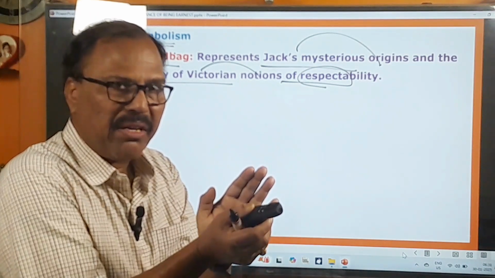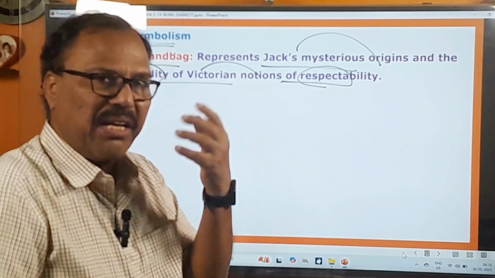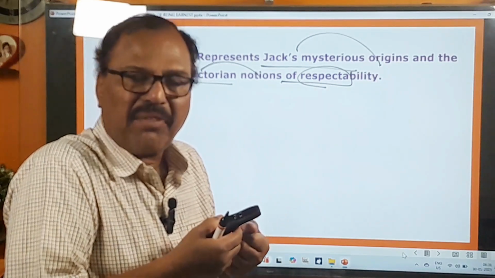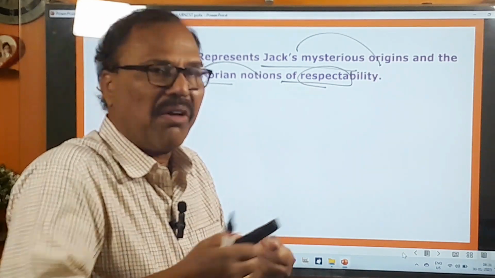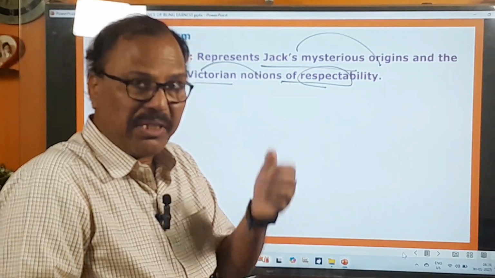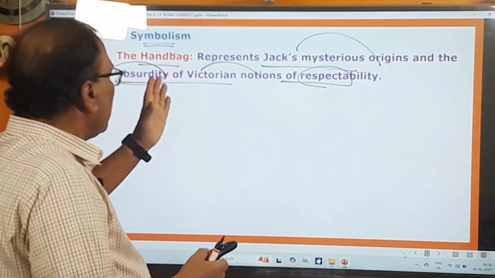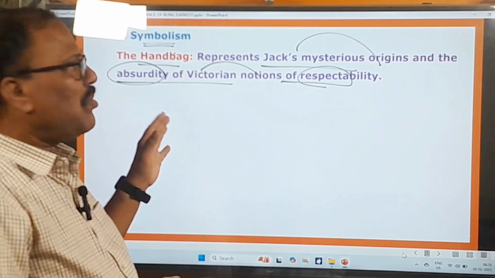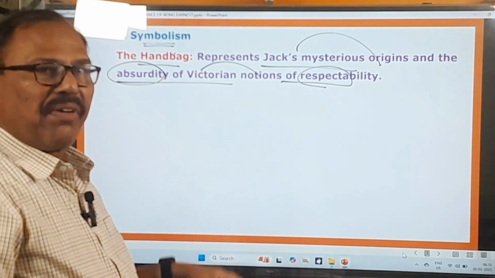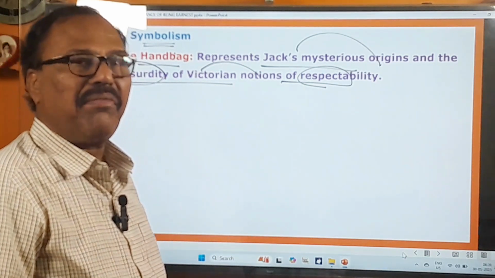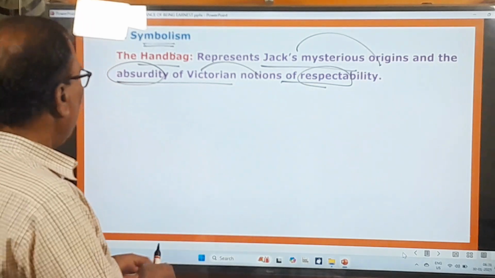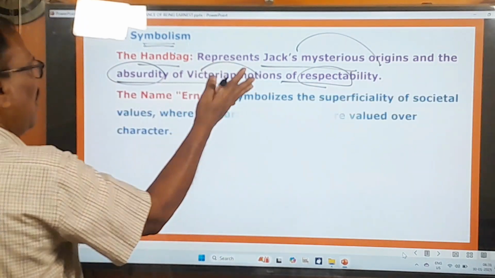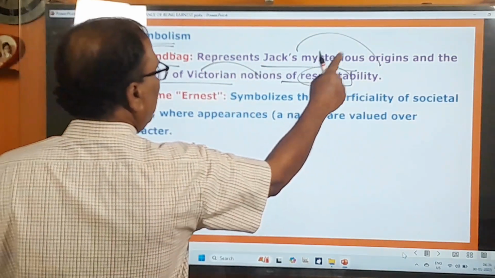Moreover, it's a baby. So when a baby is there with you, you must be very cautious, very careful, because you cannot move roughly here and there, isn't it? But here that was created. So it's all absurdity, foolishness. This kind of foolishness you can find with the people of the Victorian era, right? And here the handbag serves as a symbol for Jock's mysterious origin, right?